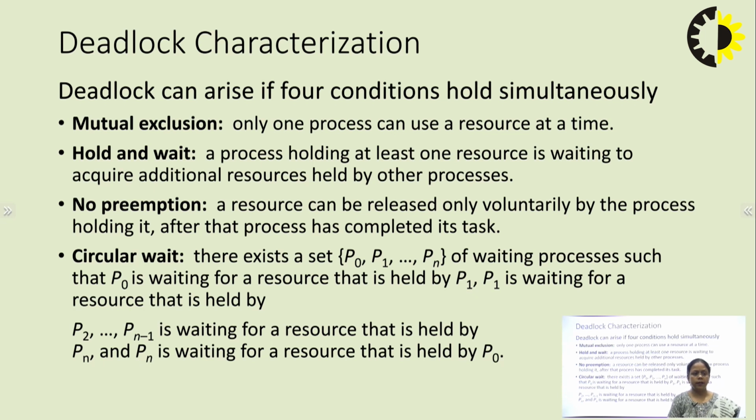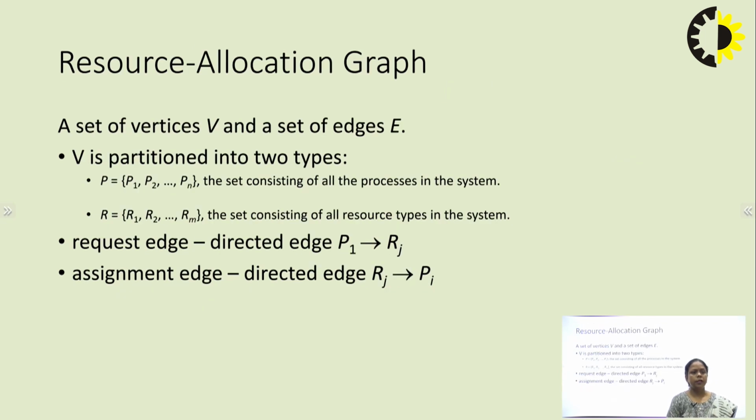Some resources they are holding, and some resources they are waiting for. That's why no process can start their execution. This is the condition of circular wait. So these are the main necessary conditions for the deadlock. If these conditions hold in our system, then deadlock can occur in our system.